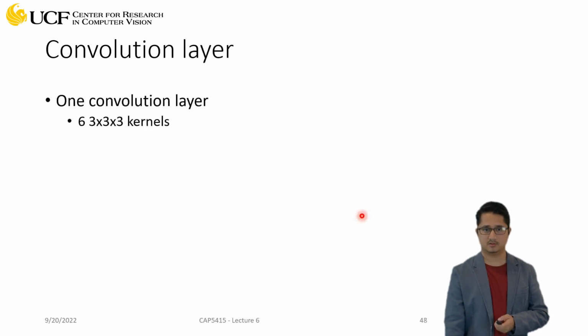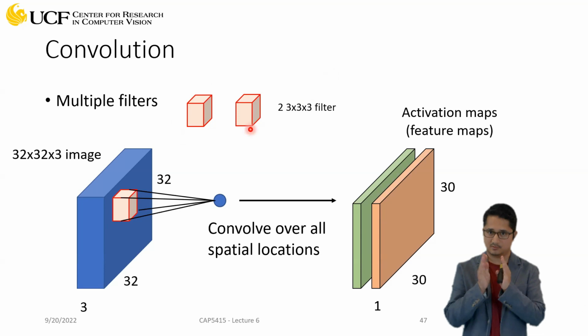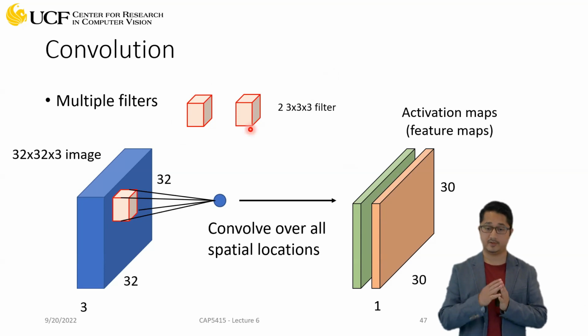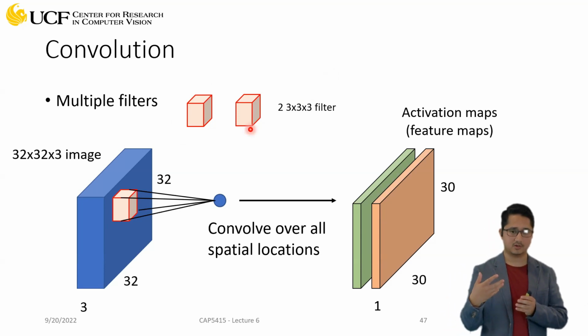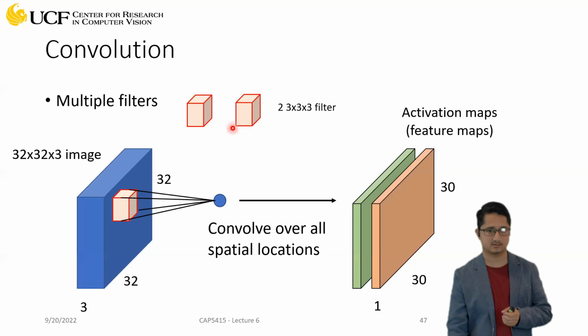These sets of filters represent one convolution layer. So when you say you have a convolution layer in your convolutional neural network, that convolution layer is nothing but this set of filters. The operation that layer will perform is, it will take each filter, perform this filtering operation on all the possible locations, obtain this activation map, and repeat the same process for all the filters.